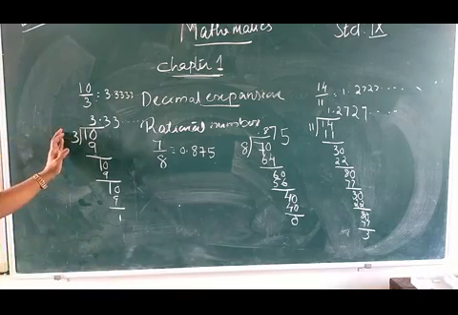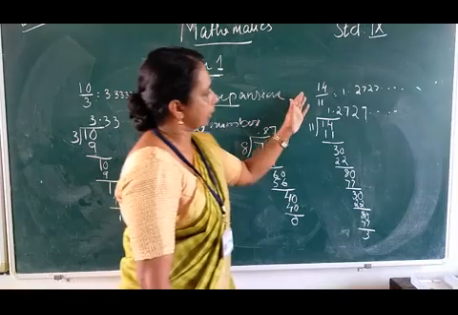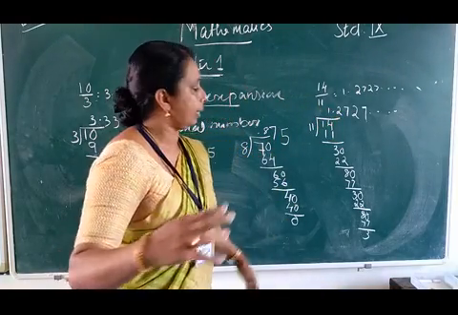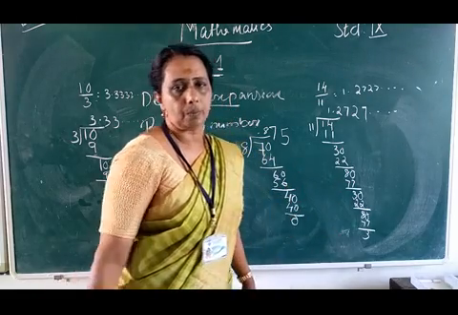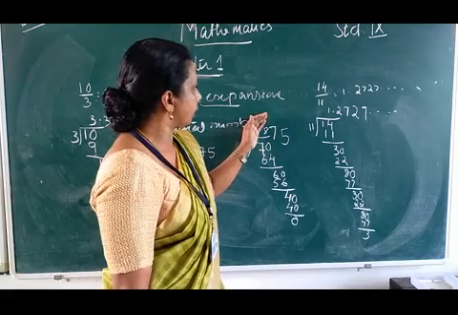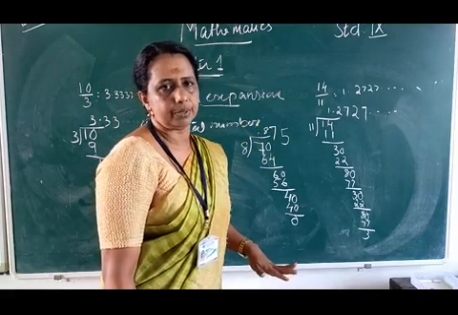This is the second case. The third one is another rational number, where the digits repeat after 2 digits and the remainder never becomes 0. These are the decimal expansions of 3 rational numbers.